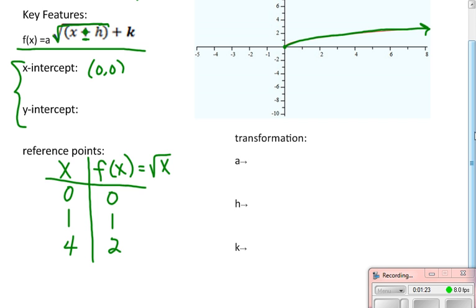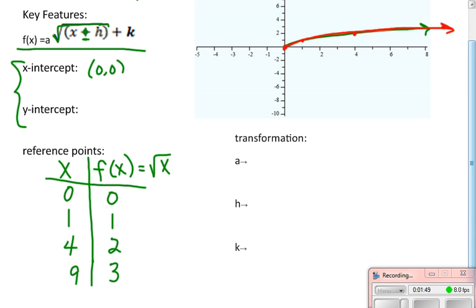And if I put 9 in, the square root of 9 is 3. And if we look at our graph, we have 0, 0. If we put 1 in, we get 1 out. If I put 4 in, I get 2 out. If I put 9 in, you can see I'm approaching 3, and that's where we get this gentle graph.